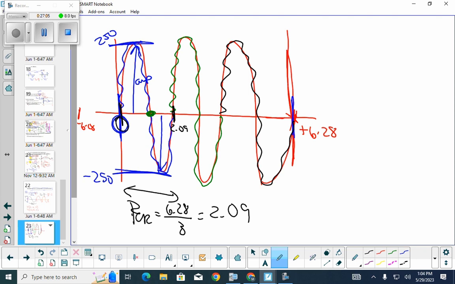So we know from here to here is 0 to 2.09. This point is where on the path? It is the halfway point, right? This point is halfway along that wave. So you just have to go 2.09 and divide it in half. So that's 1.05.